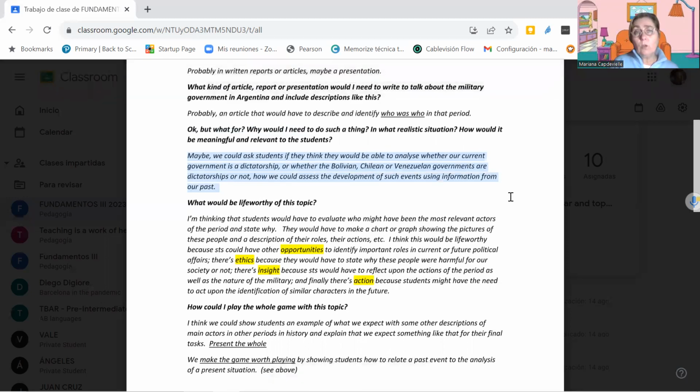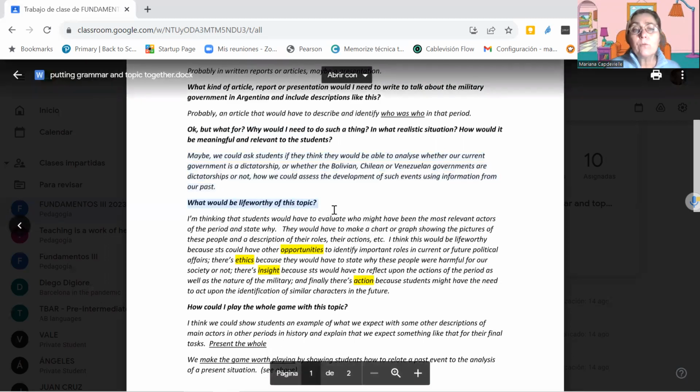We are studying who was who and what was what in the military government in Argentina in order to evaluate our current situation or in order to detect signs of dictatorship in different governments.